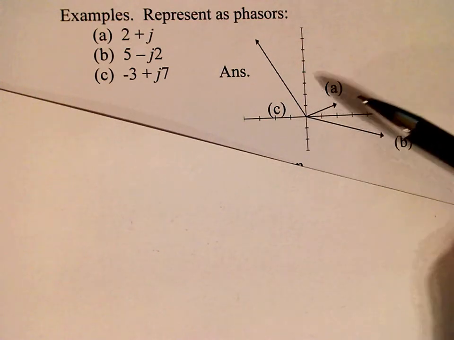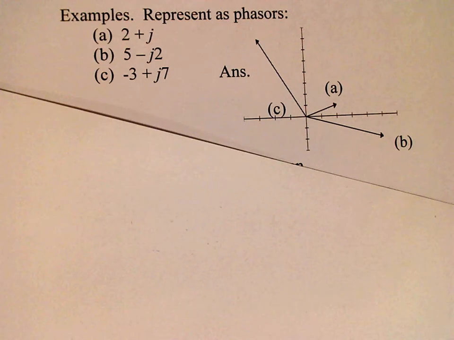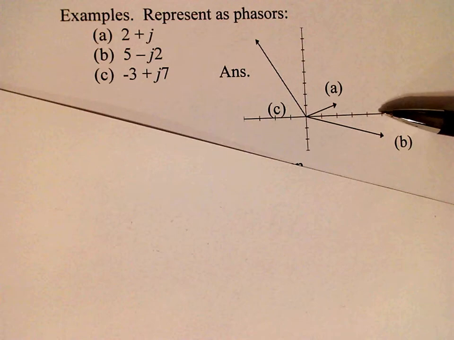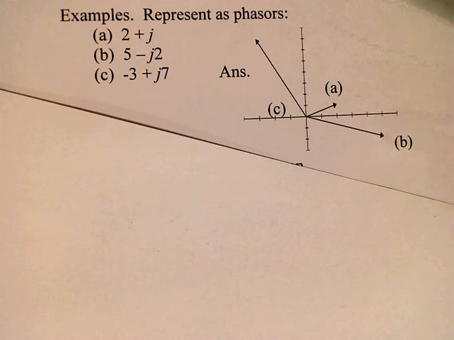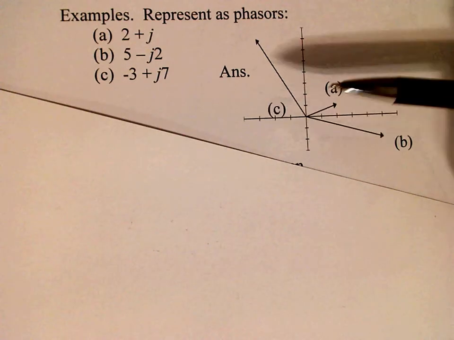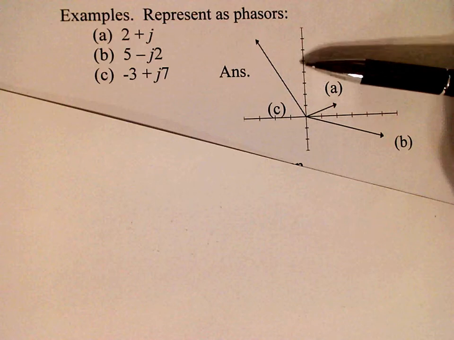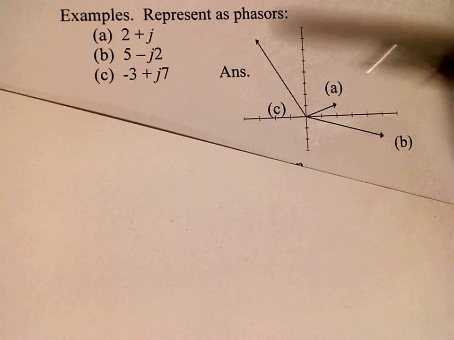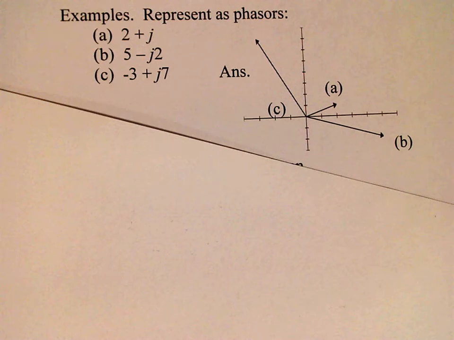That represents 2 plus j as a phasor. 5 minus j2: 1, 2, 3, 4, 5, then 2 in the negative direction, that represents 5 minus j2. And negative 1, negative 2, negative 3, and 1, 2, 3, 4, 5, 6, 7. Negative 3 plus j7, there's that complex number represented as a phasor.